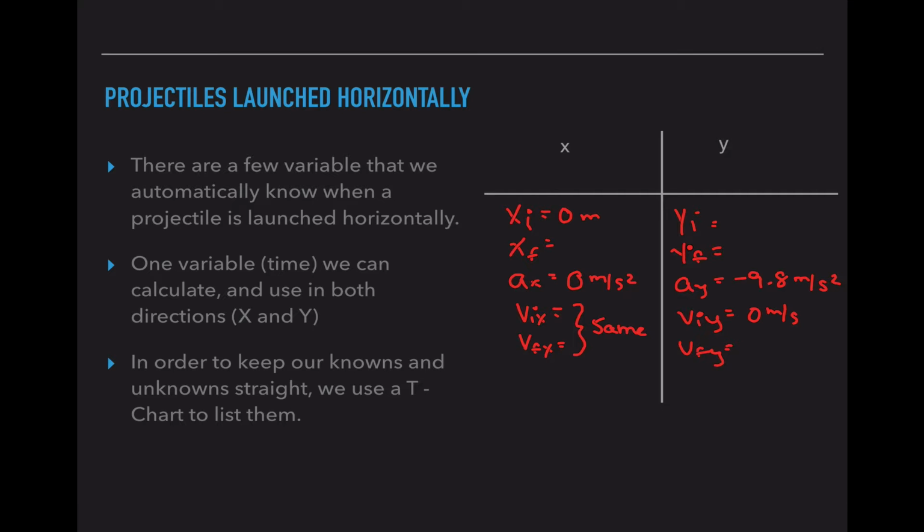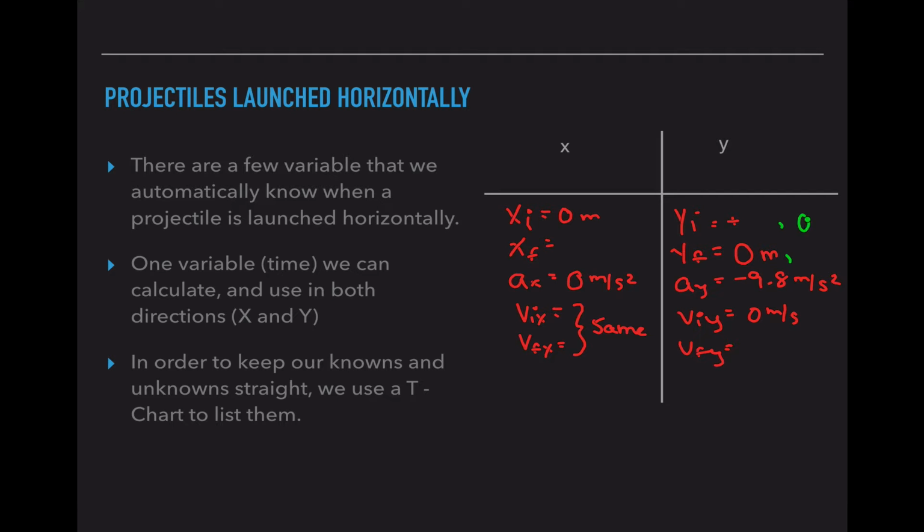If we use the ground as 0, because ground level is our 0 point in most people's perspectives, we're going to make yf 0 meters. That means yi is some positive number. We don't quite know what it is yet, we just know it's going to be a positive value. Now, if your brain doesn't work that way, we can do the following also.